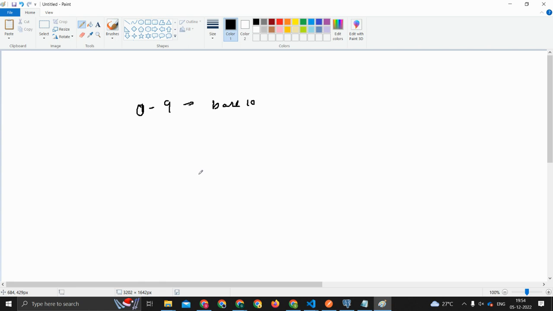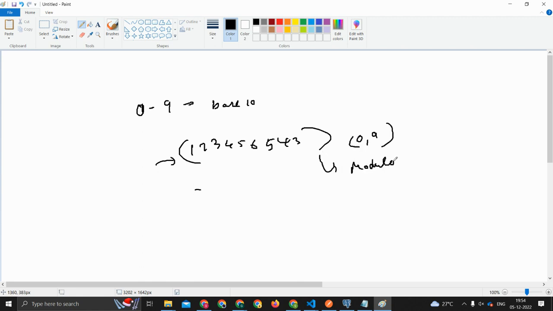Uma, if you want to check for a pattern from numbers like 1, 2, 3, 4, 5, 6, 5, 4, 3, each character is basically a subset of 0 to 9. If it is like this, you will do a modulo 10, right? Similarly, if you want to search for a pattern in alphabets, something like A B C D E, till Z we can take.